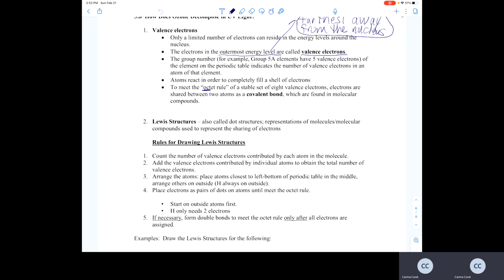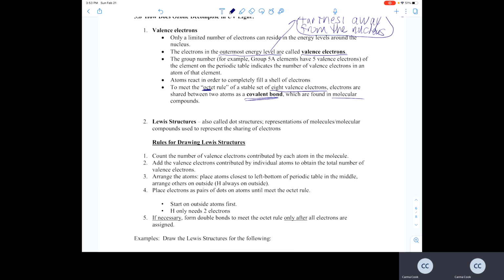The Greek prefix OCT stands for 8. And so the Octet Rule says that a stable set of 8 valence electrons is needed in order to make a successful covalent bond. So the electrons get shared between the 2 atoms in order to form this covalent bond.